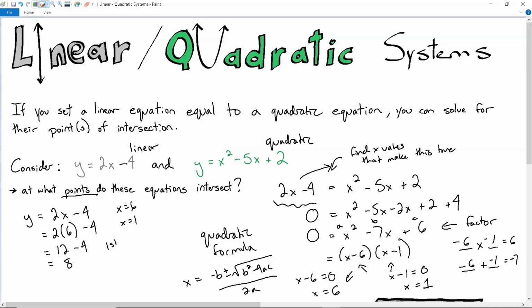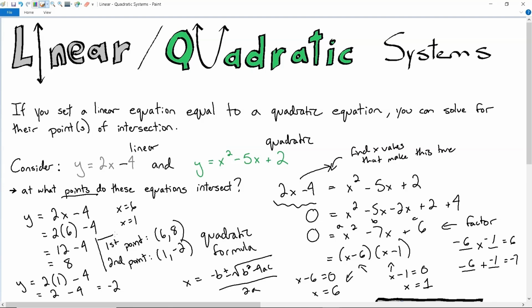So my first point is 6, 8. My second point is when x equals 1. That should be 2 minus 4. That will be -2. Therefore, my second point of intersection is 1, -2. So that's how we solve for our points of intersection.